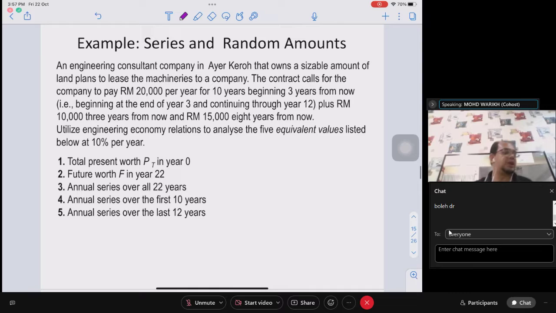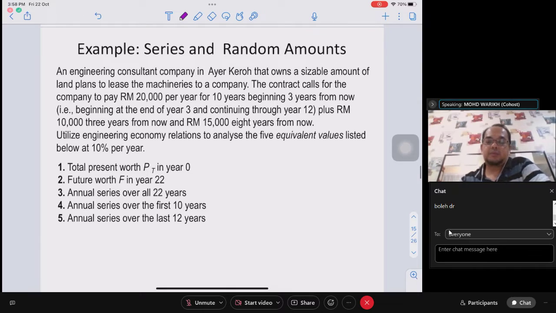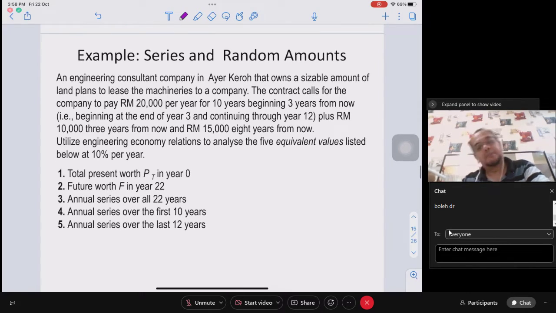So try buat cash flow diagram dulu. Kan? Any volunteer nak buat? Kelas sedapkannya buat. So try to solve this problem.